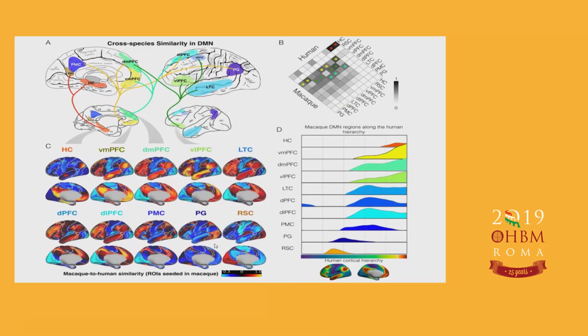And if we seed these regions in macaque and search around the whole human cortex to find which regions share the most similar default configuration with human, we see the VMPFC, DMPFC, and hippocampus regions are most like the human default network, and all the other PCC and angular areas don't show the same patterns. This suggests the macaque monkey may have default-like regions, but it is on the way to developing as the human does. It doesn't have a similar level to the human default network.